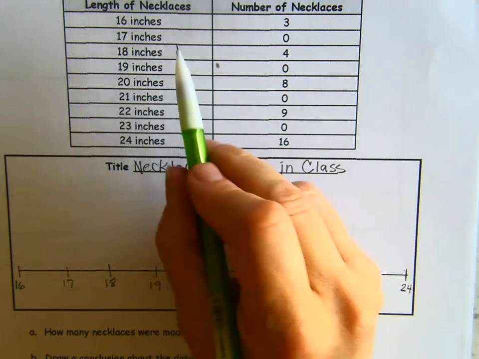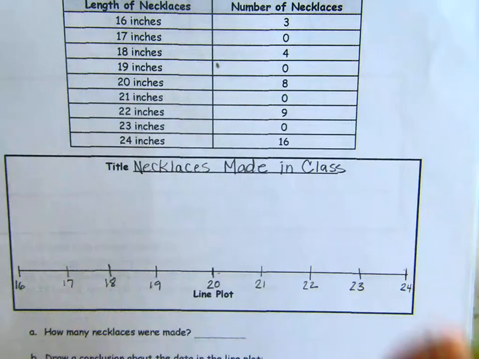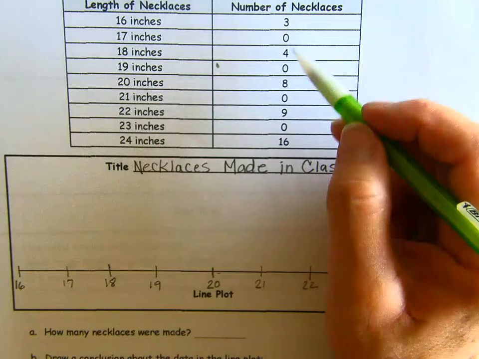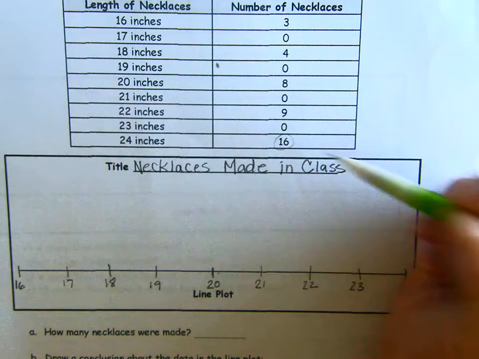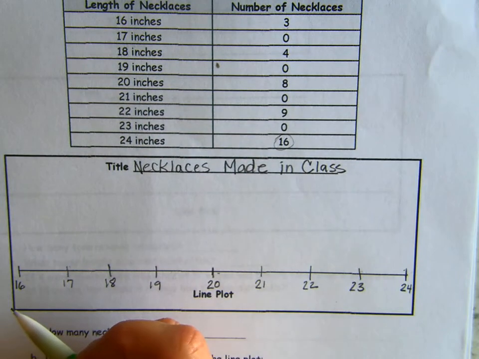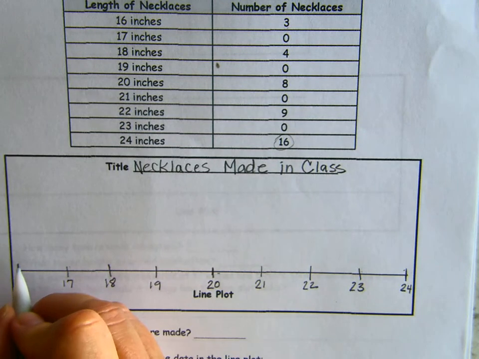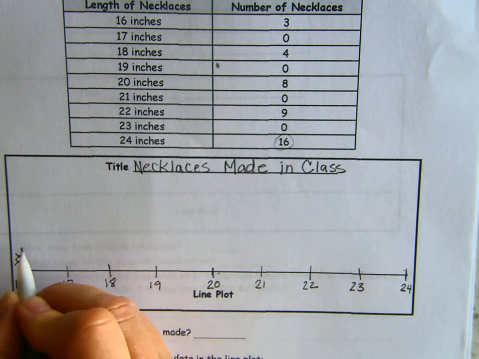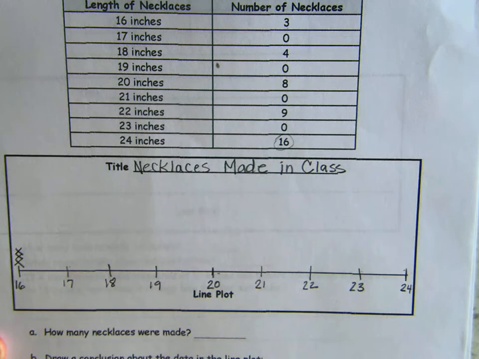So 16 had 3 necklaces. I'm kind of looking down here, 16. I'm going to have to try to fit in over here. So I'm making them pretty small. And I'm going to do 3. 1, 2, 3. And also important, I'm not leaving a lot of space between my X's.